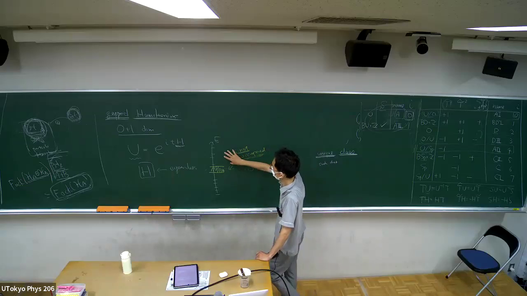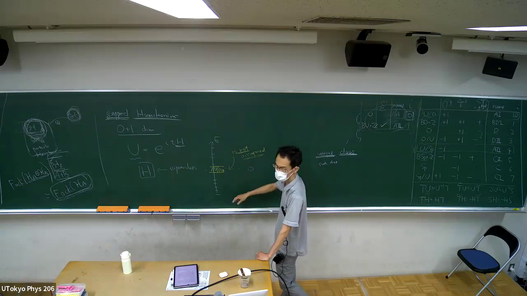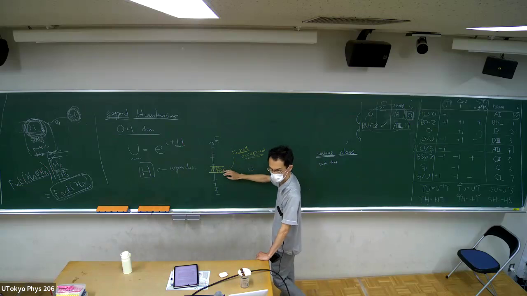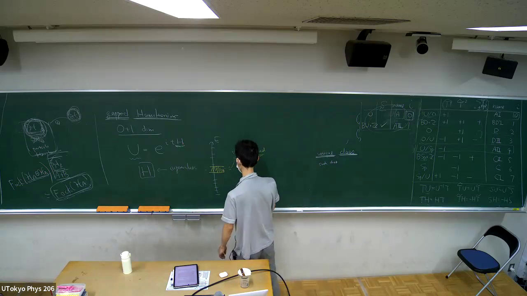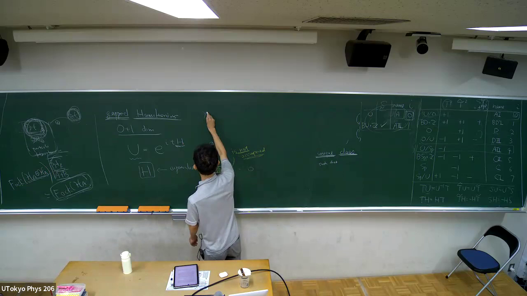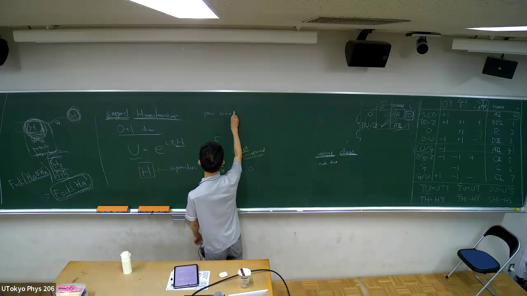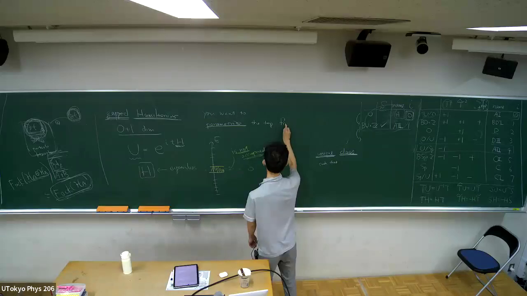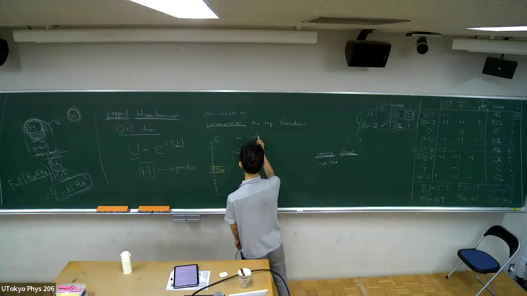But you want both particles, electrons and holes, electrons and positrons, to be massive or gapped. So you want H not to have a 0 eigenvalue. Let's say we want to parameterize topologically the topological freedom in such H.